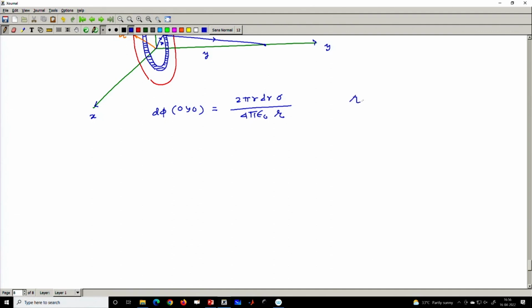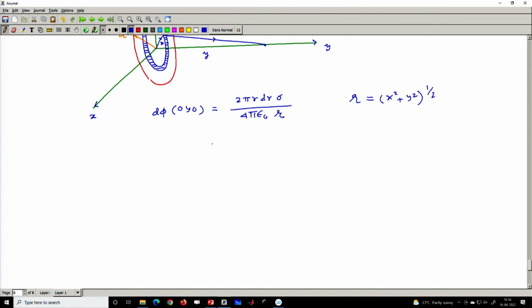Mind it, curly r in terms of x and y is x square plus y square whole to the power half.